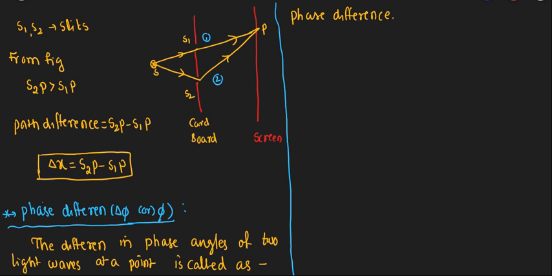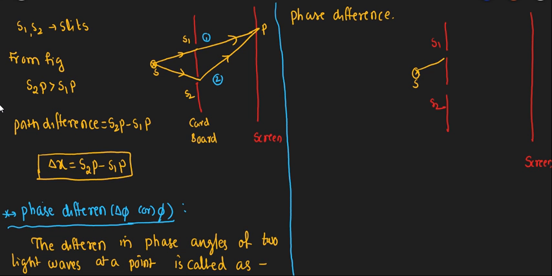Now let us see from the figure how to explain the phase difference. This is the cardboard with two holes, and this is a screen. S1 and S2 are the two slits, and the light starts from a source.